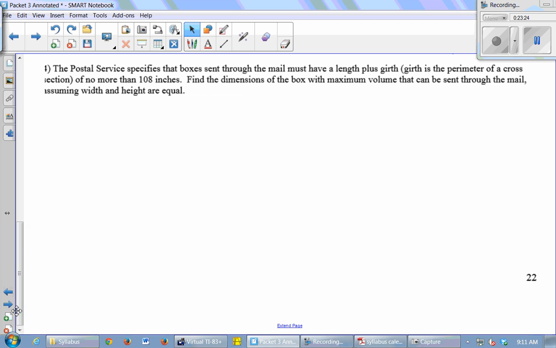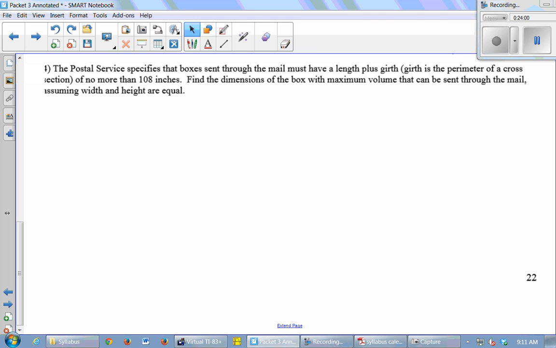All right, one more that we'll do together, and then I'm going to have you work on dogs do calculus. Okay, the Postal Service specifies that boxes sent through the mail have to have a length plus girth, and girth is the perimeter of a cross section, of no more than 108 inches. So we want to find the dimensions of a box that has maximum volume that can be sent through the mail. Assuming width and height, that is the cross sections of a long box, have equal or squares.